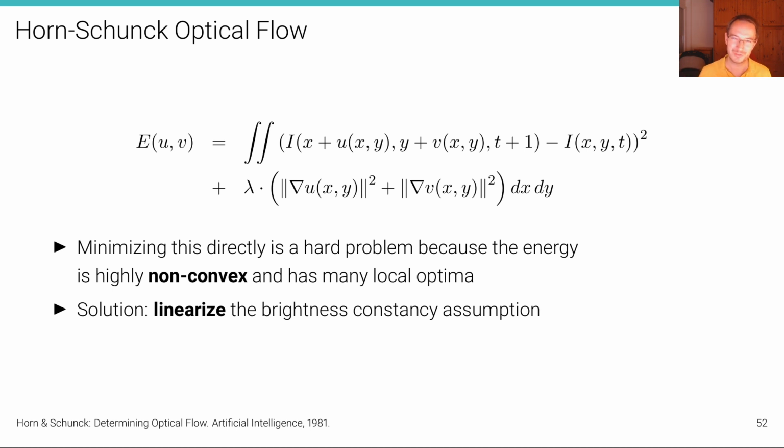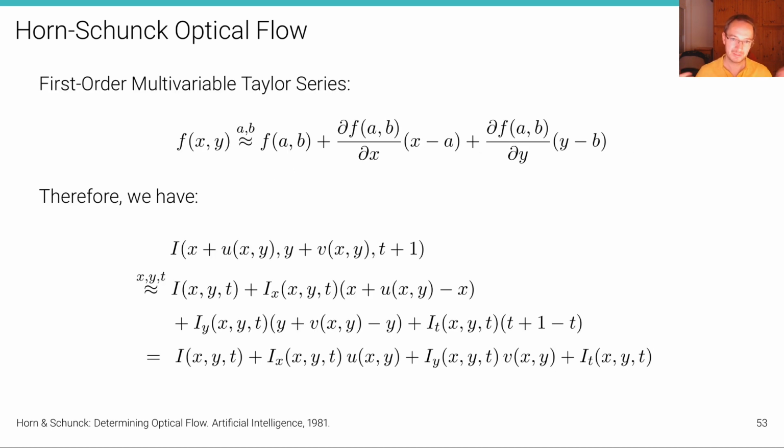So this is of course a very strong assumption, but it's a useful assumption in this case. And so we are linearizing the brightness constancy assumption in order to solve this problem. And we'll see what we have to do in order for this to work.